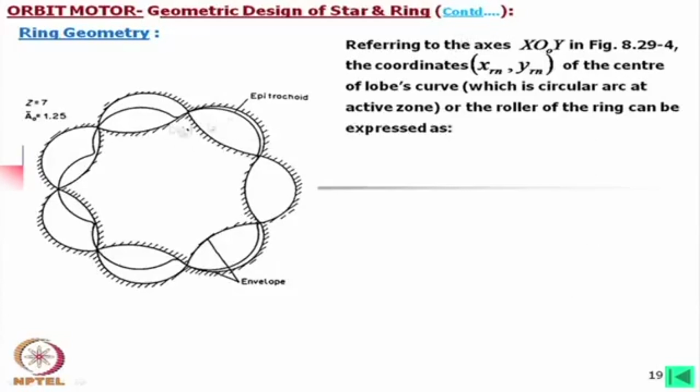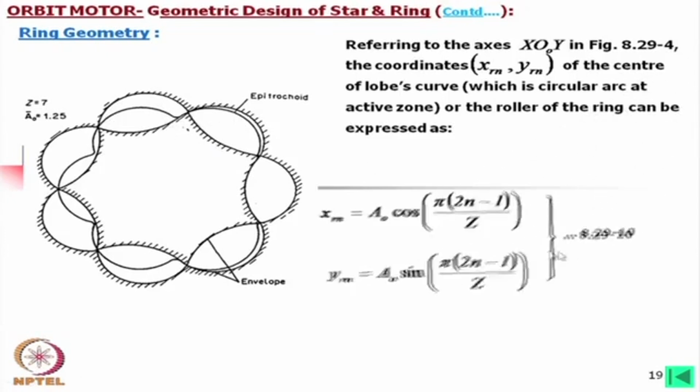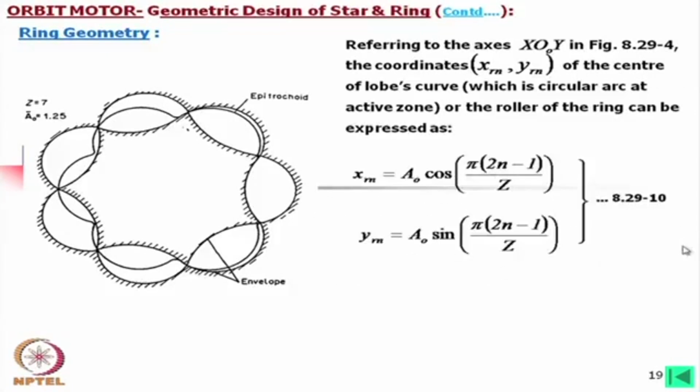Now, to design the envelope, I have already described how this can be designed. Actually, in actual machines we need not bother about these curves, because we are not using them. We are using the modified curve, which is nothing but a circular arc whose center is known. This center can be easily calculated using this formula.